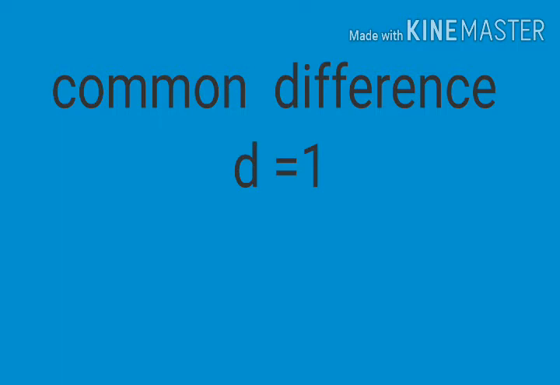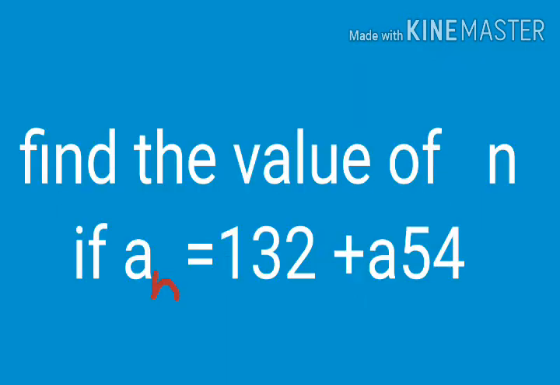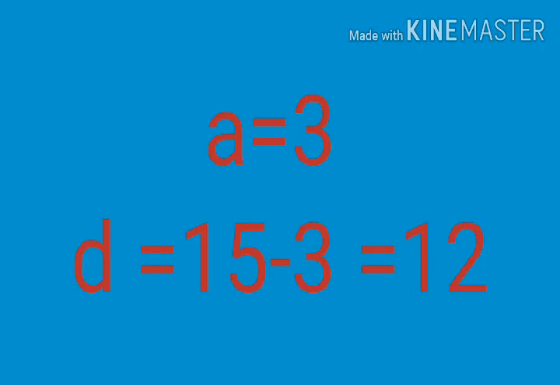Now the next question, question number 11. Which term of the AP 3, 15, 27, 39 will be 132 more than its 54th term? Which term of the AP 3, 15, 27, 39 etc. will be 132 more than its 54th term? So here also we need to find n. So here A is equal 3, D is equal 15 minus 3, that is equal 12.